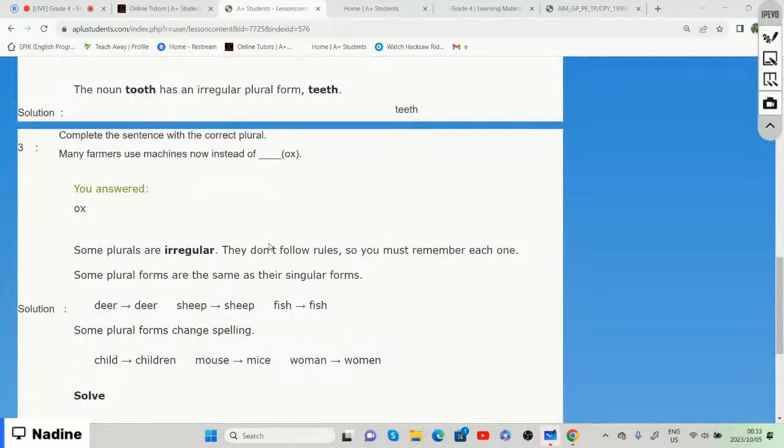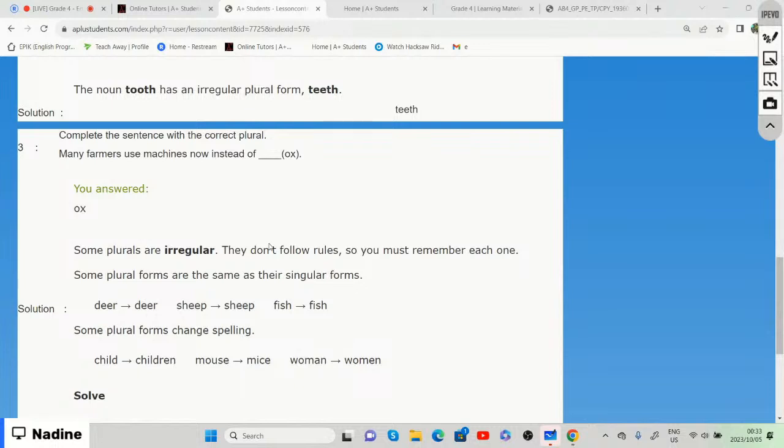Irregular plural of ox. So many farmers use machines now instead of ox.